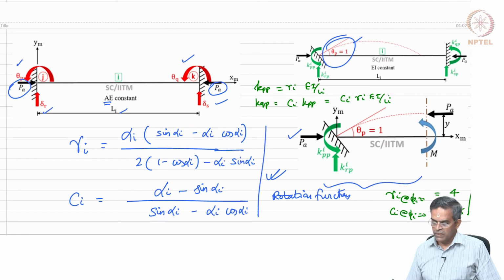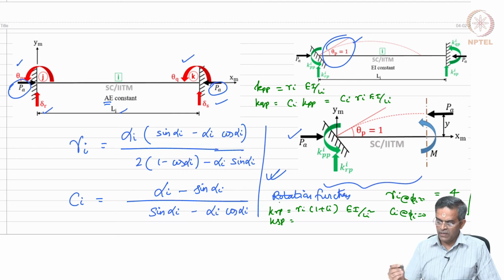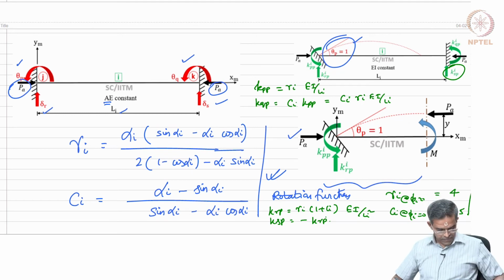And we said KRP is Ri times of 1 plus Ci, EI by Li square, and KSP was minus KRP. We derived this, is it not?